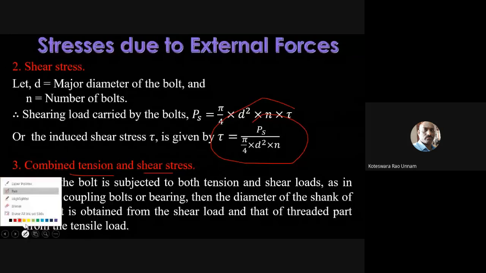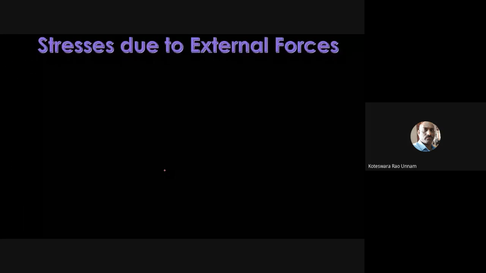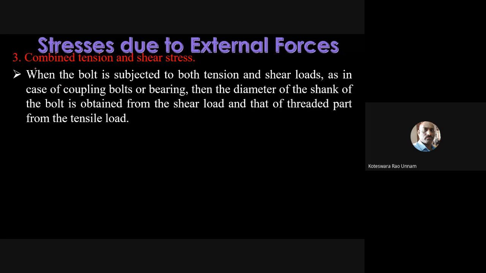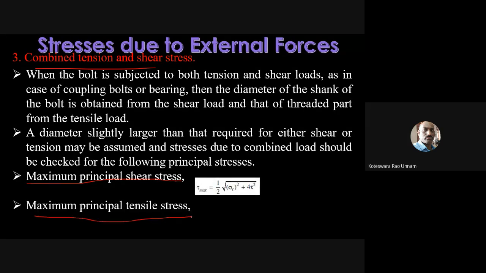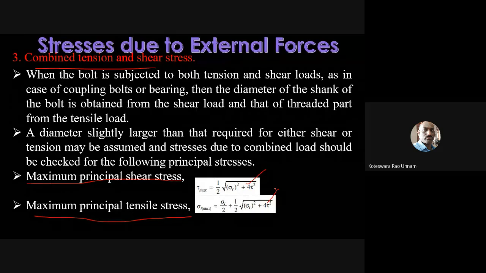That is, you have both tension as well as shear. For the combined effect, you just need to find out the maximum shear stress and the maximum principal tensile stress. These are the formulas. By using these formulas, you can compute tau max or sigma T max.